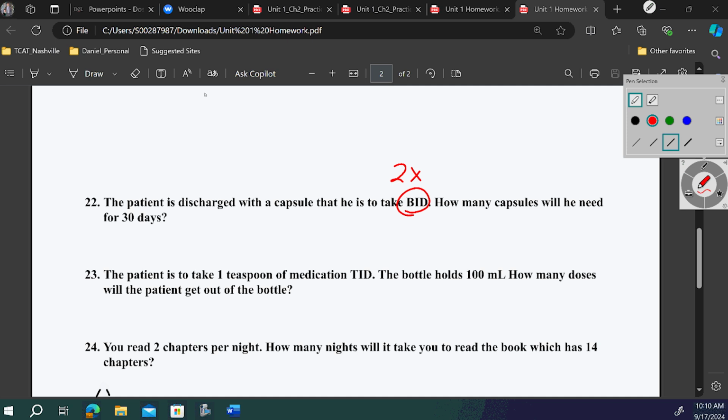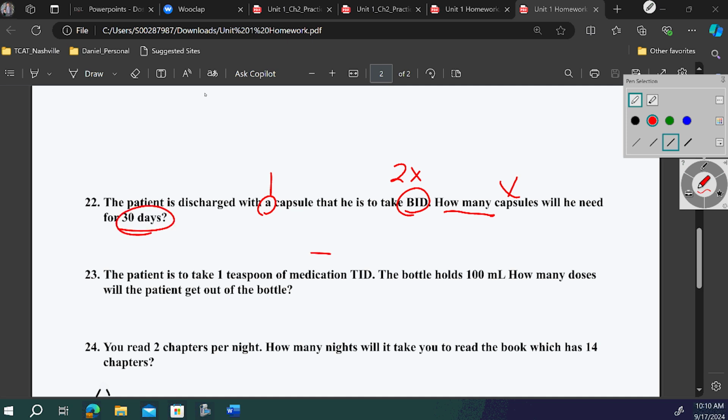So if they take a capsule, which is like 1 capsule, and see, ratio proportion-wise, this would be like saying like this. Again, what's my x here on 22? Look for how many capsules. There's your x. So my x is basically saying that I want to find out how many capsules they need for this many days.